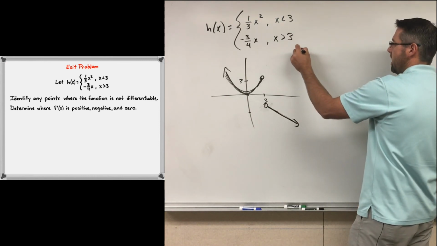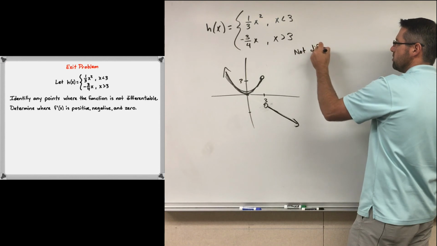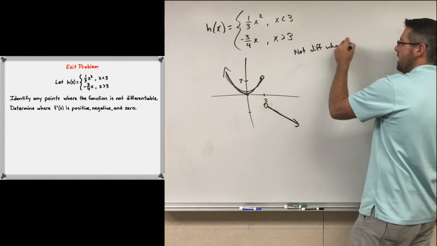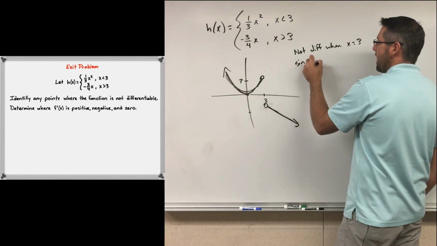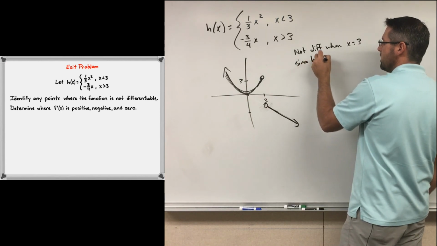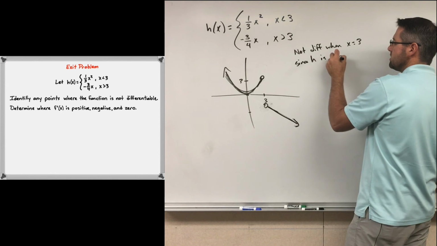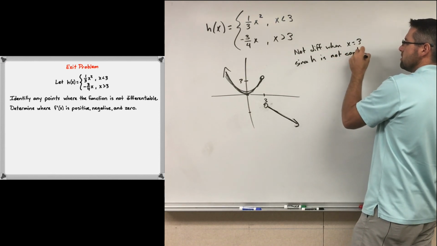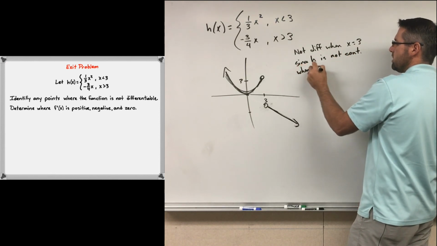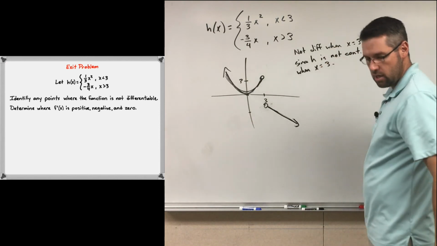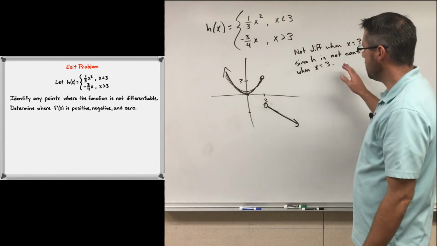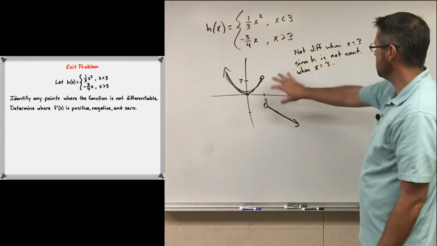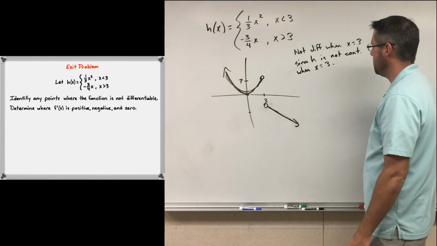So we're going to say not differentiable when x equals 3 since h of x is not continuous when x equals 3. Okay, so it's not differentiable there. And then we can also say that it's a jump discontinuity, just to add a little bit more to that.